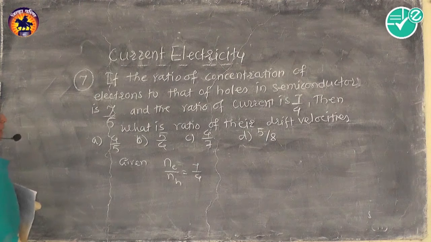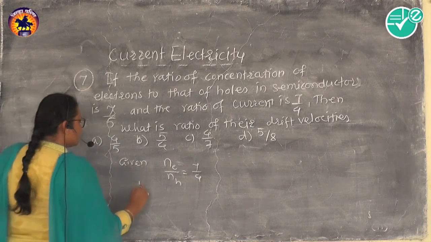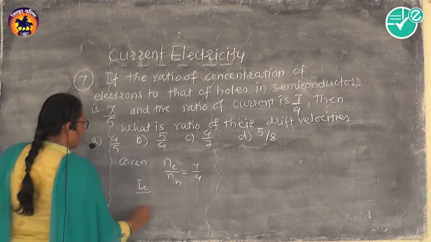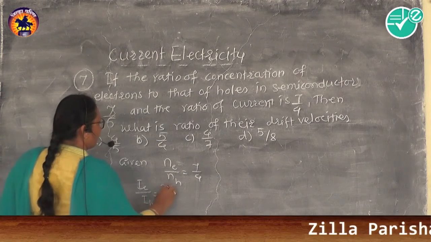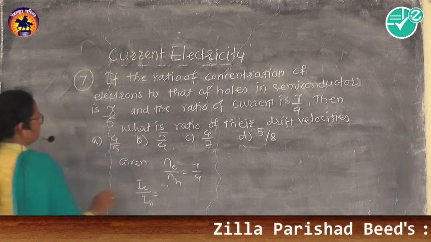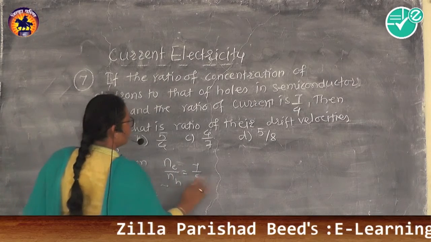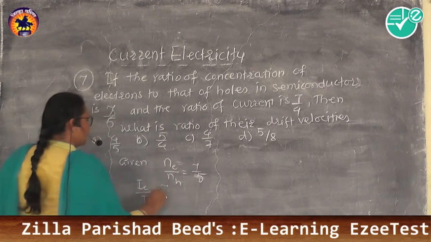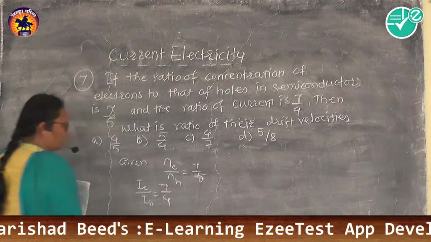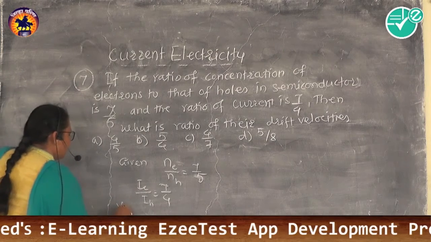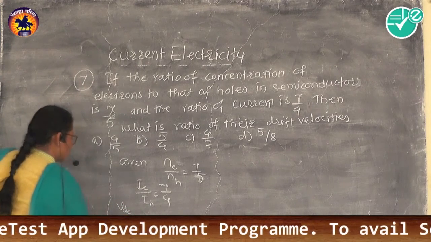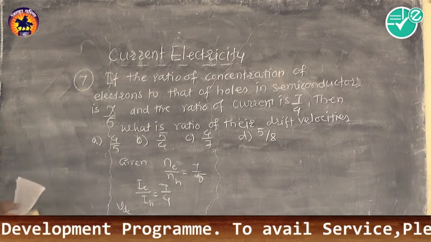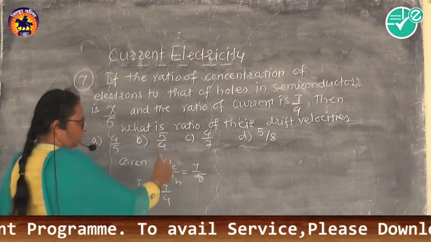Now the ratio of currents, that is current due to electrons and current due to holes, is given. This ratio is 7/5. And you have been asked the drift speed of electrons to holes. Now how do we relate all these things?